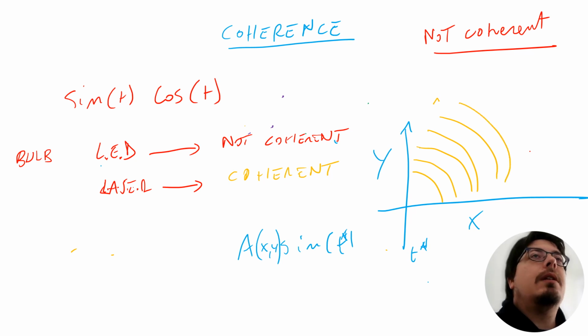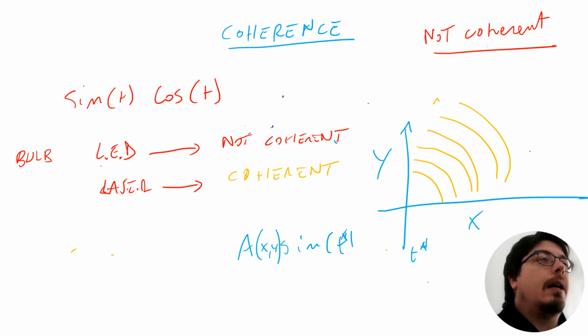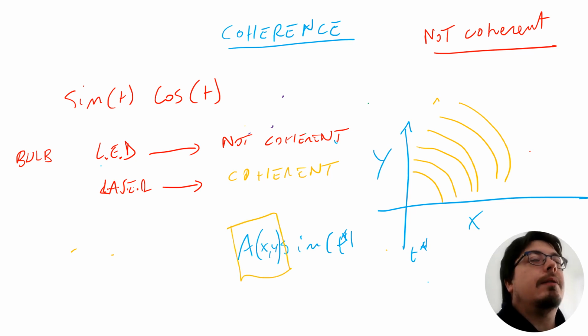And of course, if these distributions are different, so they do not have the same phase associated to them, they will add up randomly, and then will not give a precise direction.